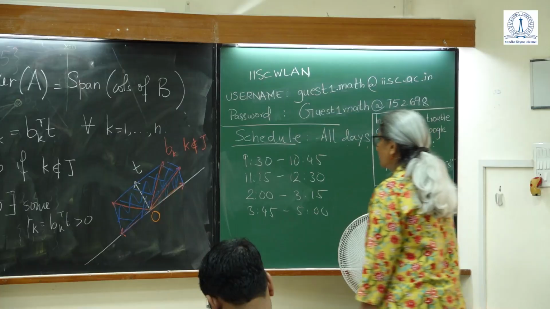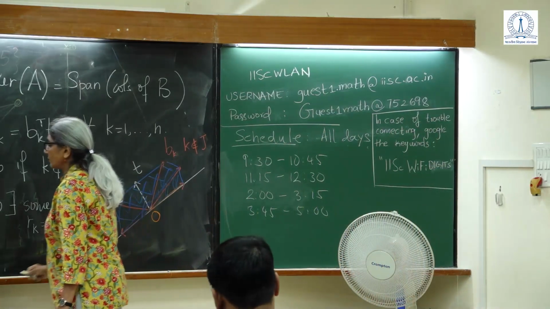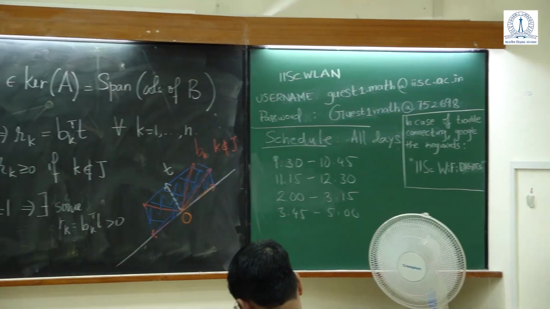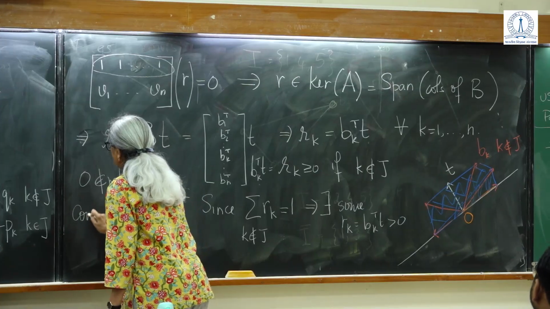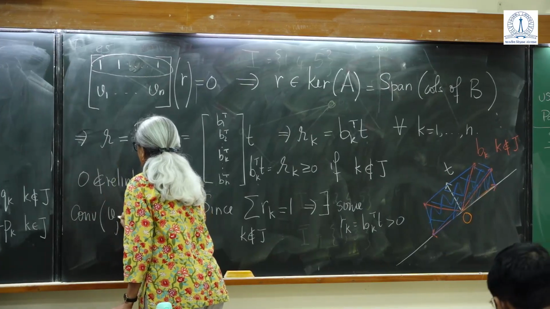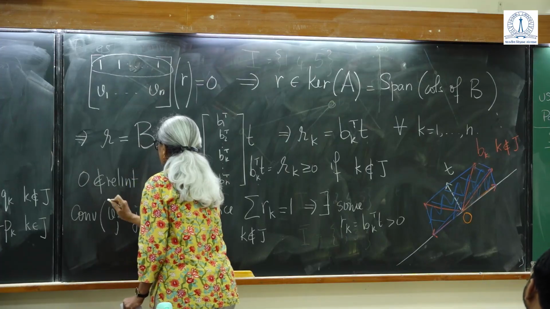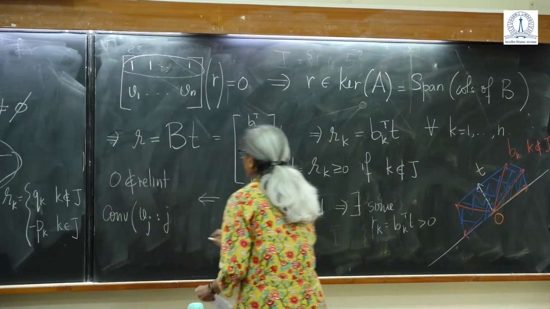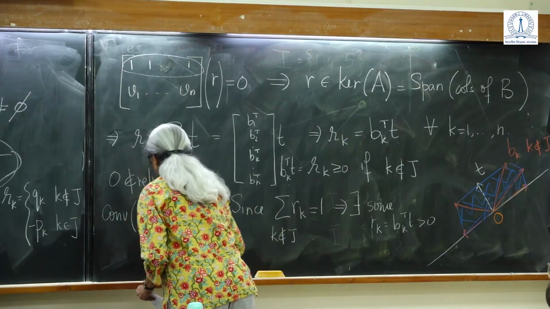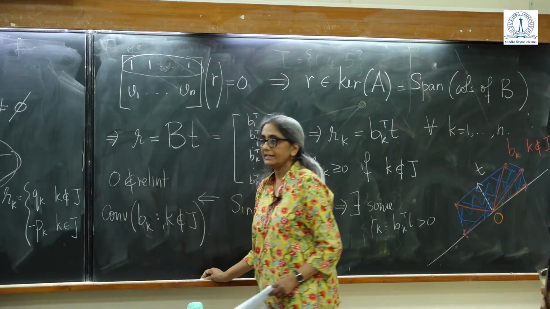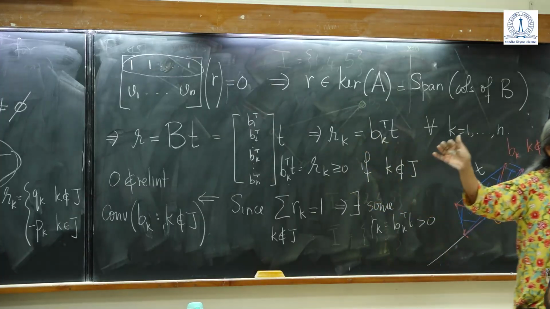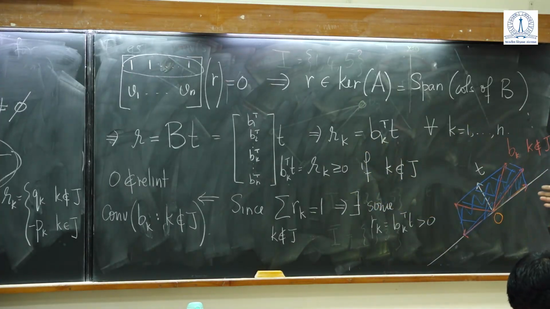So that's the proof. What we just argued is that 0 is not in the relative interior of the convex hull of the BK's such that K is not in J. So if I start with a non-face, I will get that the complementary B's do not contain 0 in the relative interior of the convex hull.